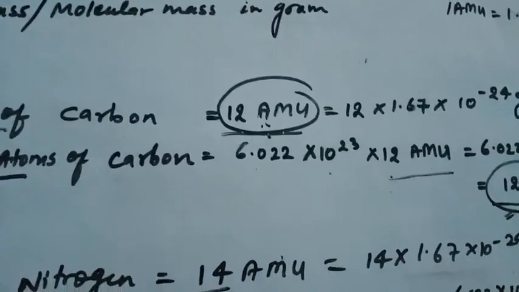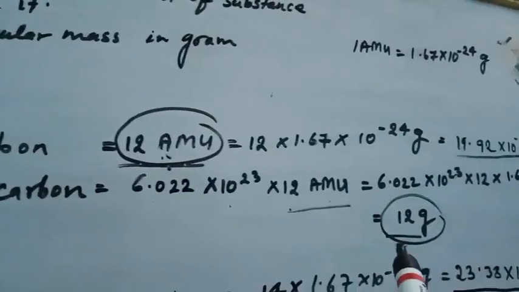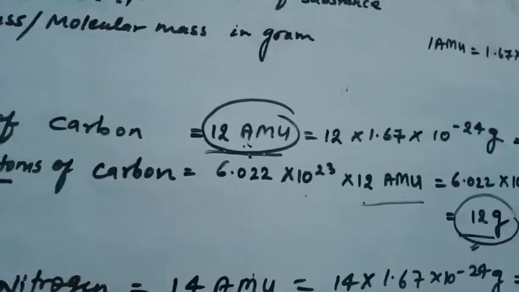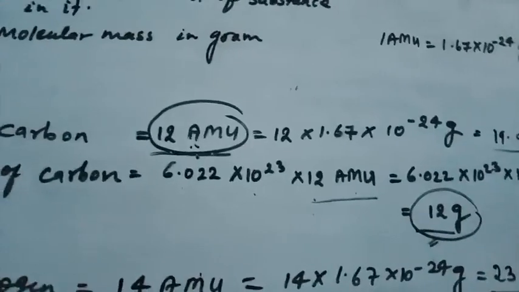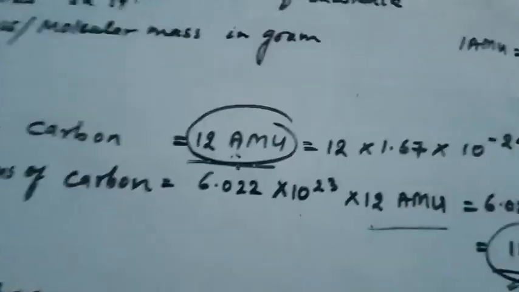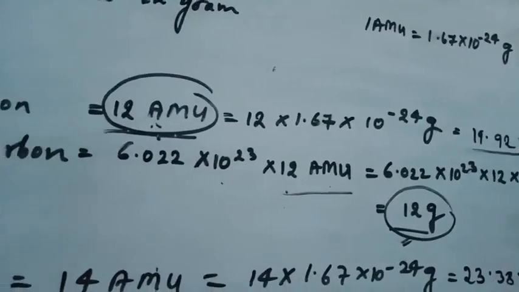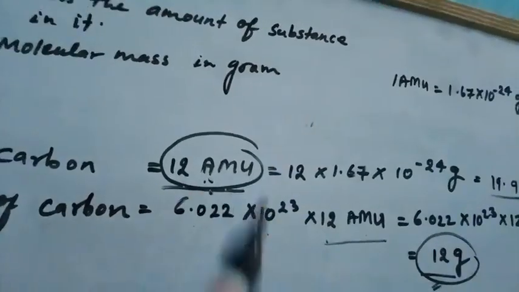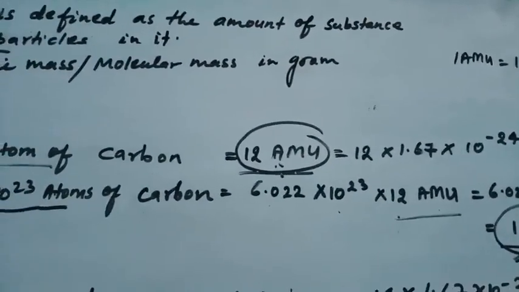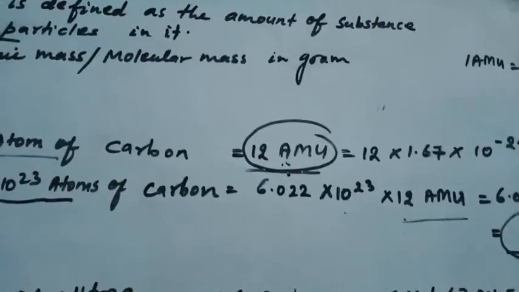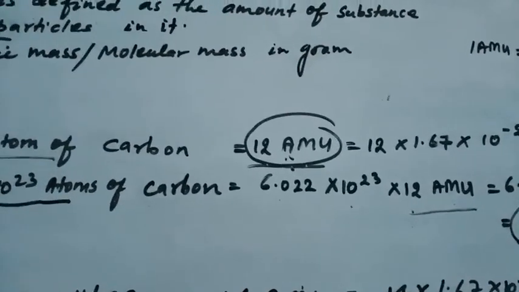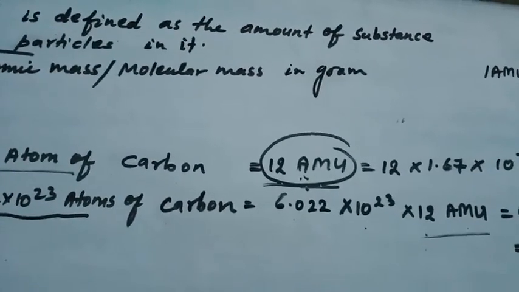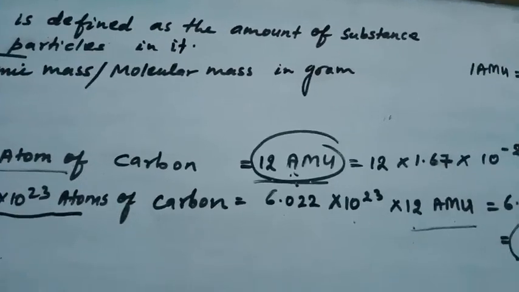Though there is a very large difference between 12 AMU and 12 gram, 12 AMU is a very minute quantity, whereas 12 gram is a very large quantity as compared to 12 AMU. But one thing to note down, it's a trick that everybody can use to calculate the mass of 1 mole of any element or molecule.